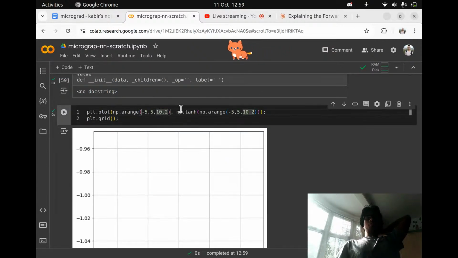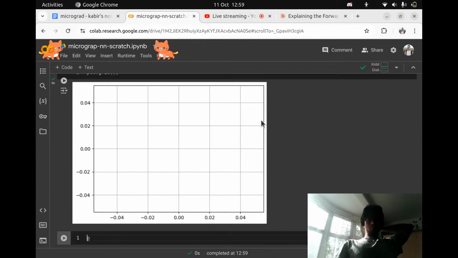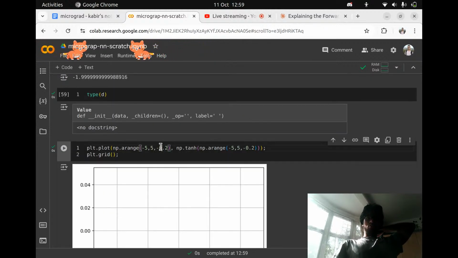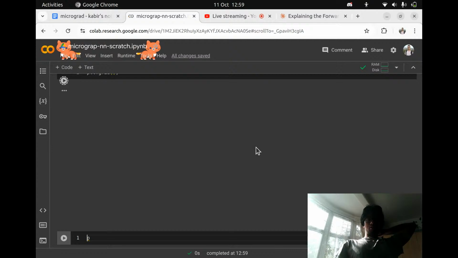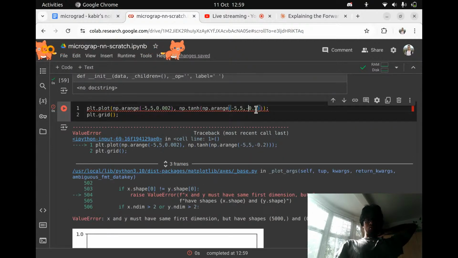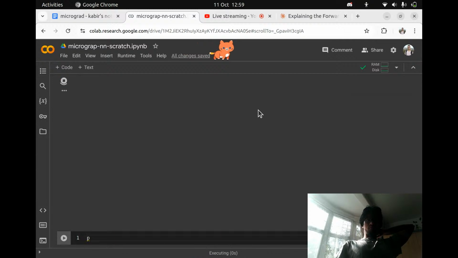If I set the increment, how does that work? Nice. 0.8. That's going to give an error, right? Nice.